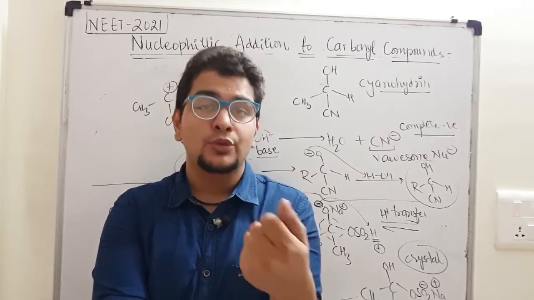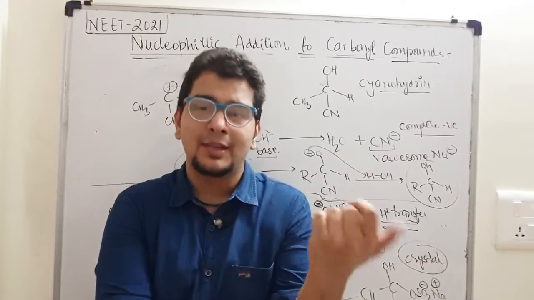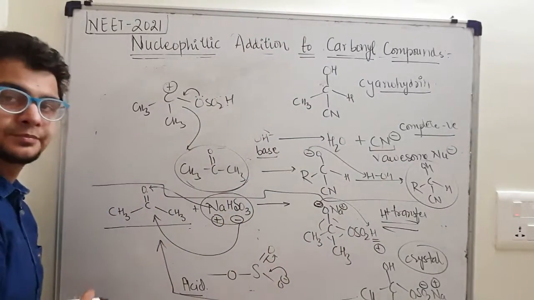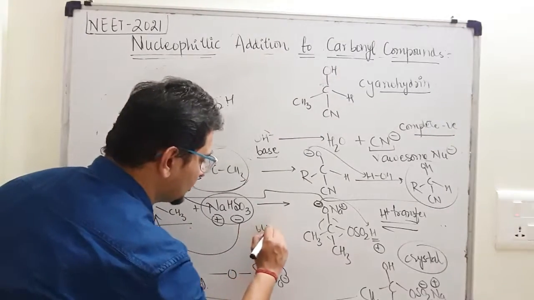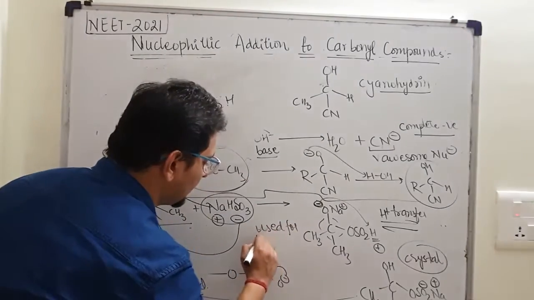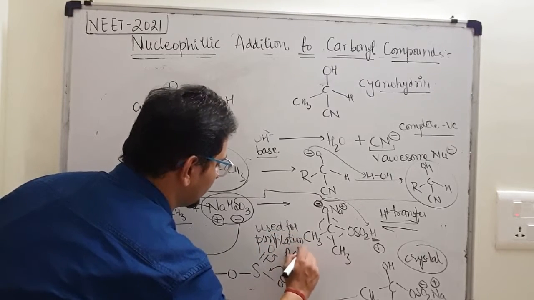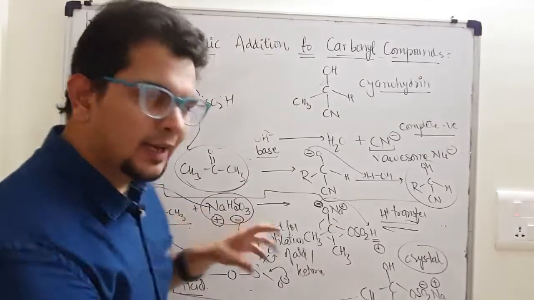So wherever you want to use ketone, only there the ketone will be used. So it is sometimes used as a protection against some reagent that is probably trying to react with ketone and aldehyde. Moreover, this is also used for purification. As per NCERT, the major use of this reaction is purification of aldehyde and ketone. Sir, how? Think about it. Some impurities are there and aldehyde is there.